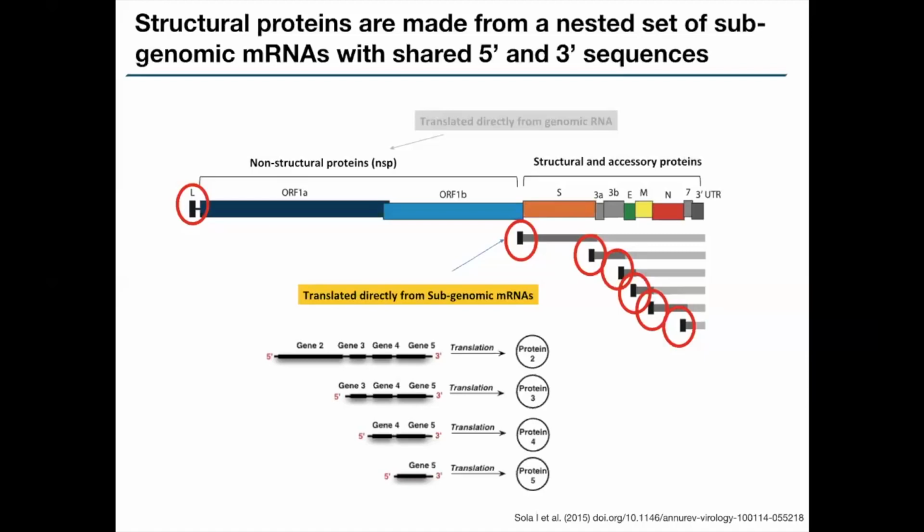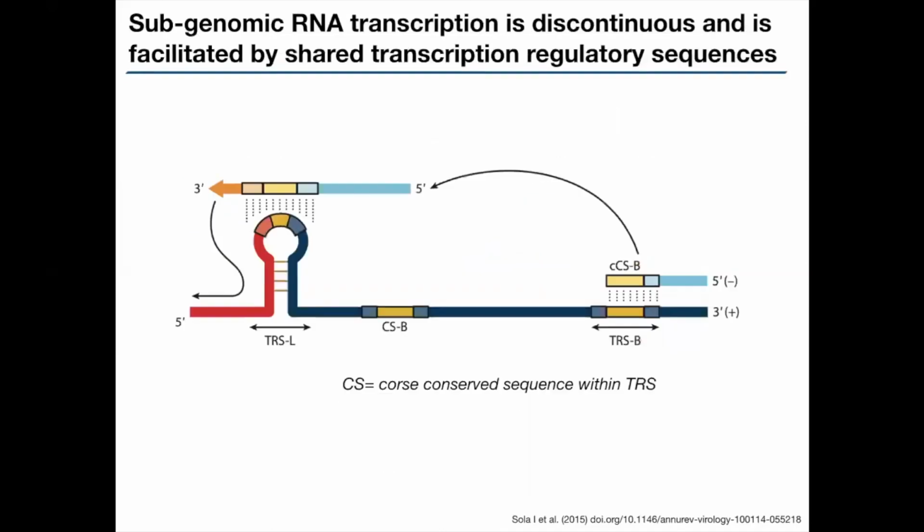So how is it that you are able to get the same sequence, which is not present within this 3' end of the genome? How are you able to fuse that to the ends of each of these subgenomic RNAs? And basically, the answer to that underlies how these are produced.